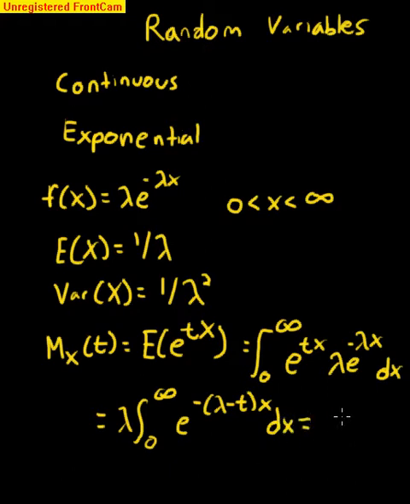And if we actually go about integrating that, you'll get lambda over lambda minus t, just like this. So this is our MGF, our expected value, variance, and PDF. Those are all things that probably should be memorized just to improve your speed and your efficiency on the exam.